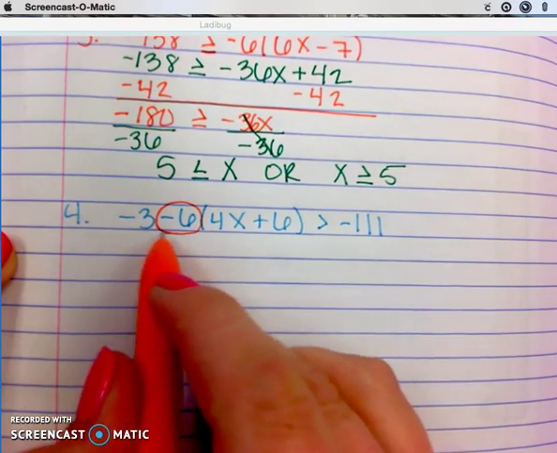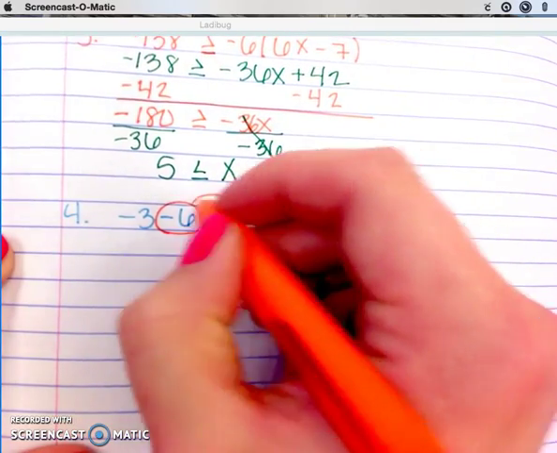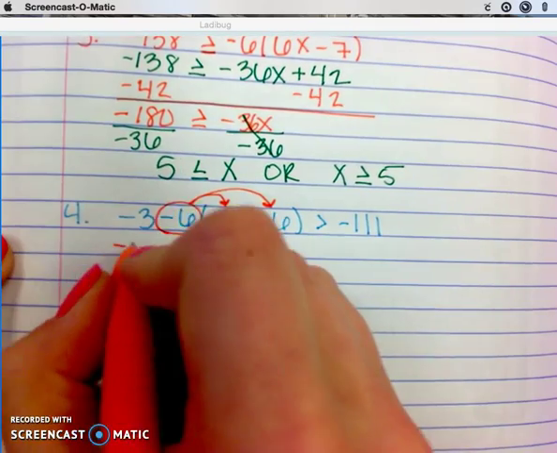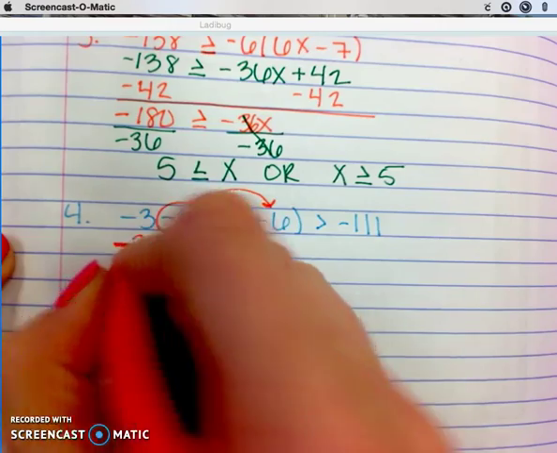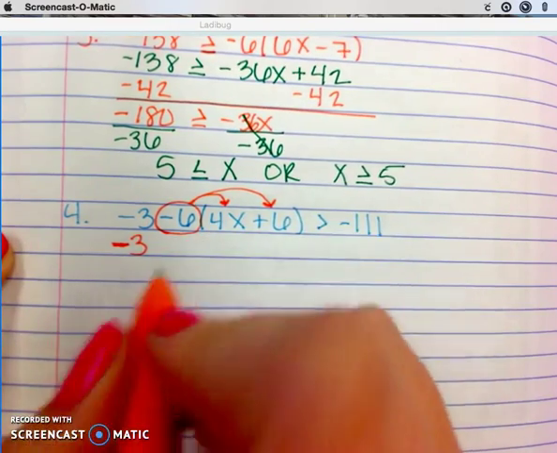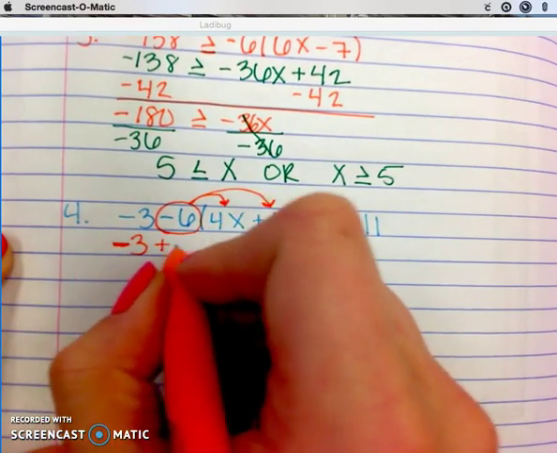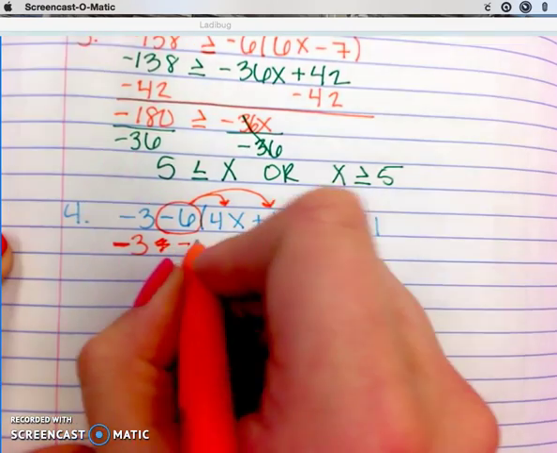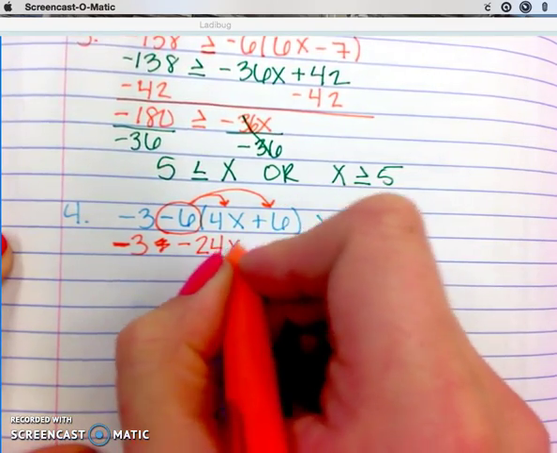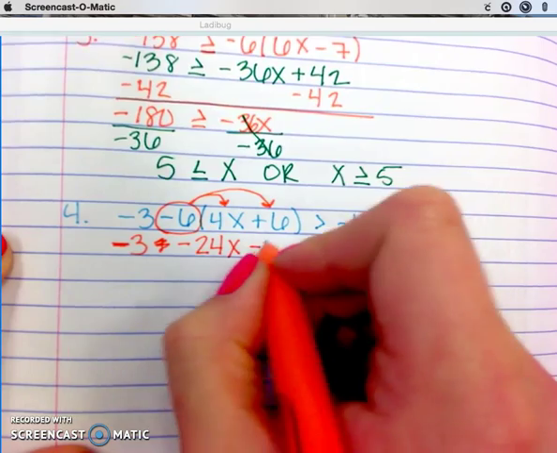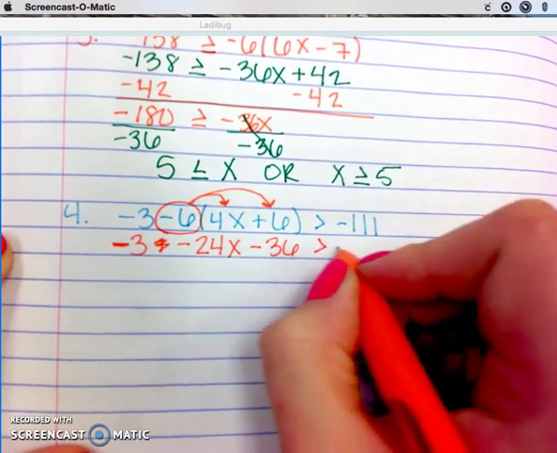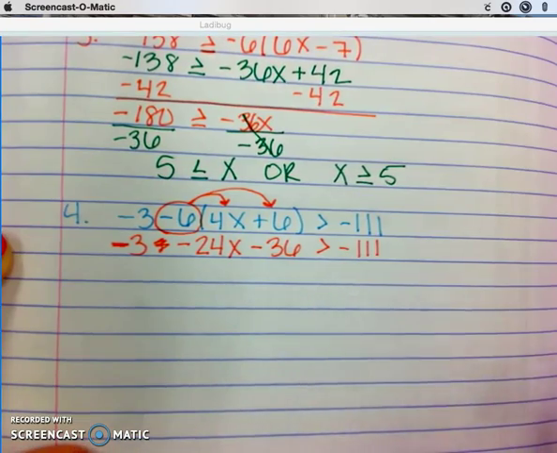You cannot subtract here. The first thing you have to do is distribute. So bring that negative 3 down, and negative times 4, this is a negative, look at me, 24x, and a negative 36, and it's greater than negative 111.